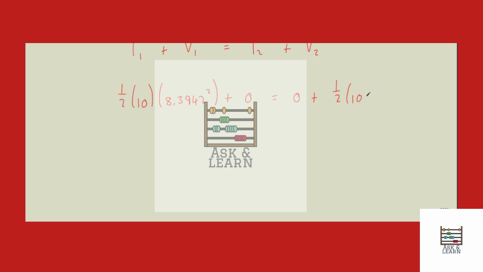That's 1/2 times the spring constant K, 1000 Newton per meter, times the maximum compression of the spring we'll call X max, squared. So we can make X max the subject of the formula, and we find the maximum compression of the spring to be 0.839 meters.